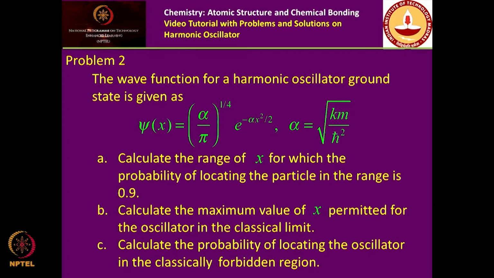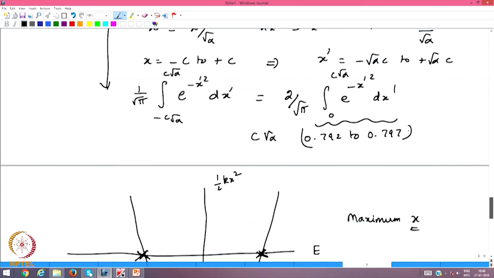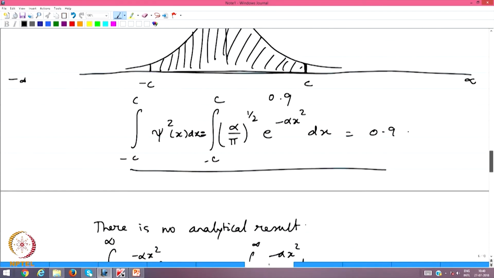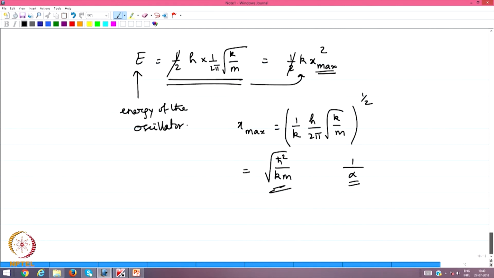Third problem: calculate the probability of locating the oscillator in the classically forbidden region. If you go back to the previous graph, the probability of the oscillator being in the forbidden region is all these values.